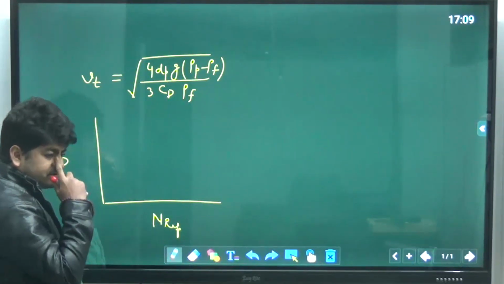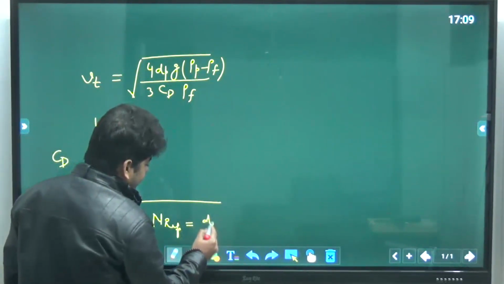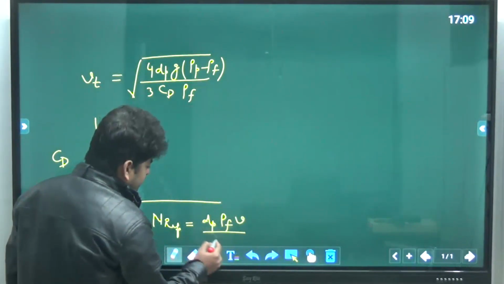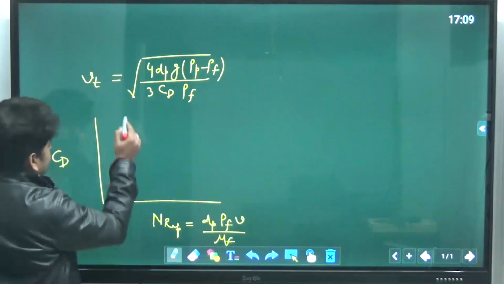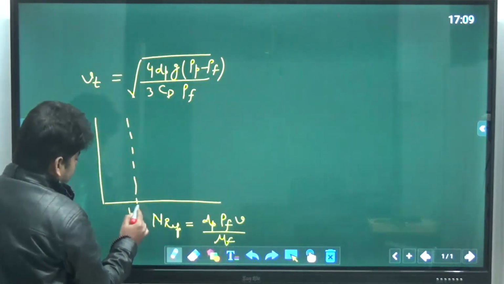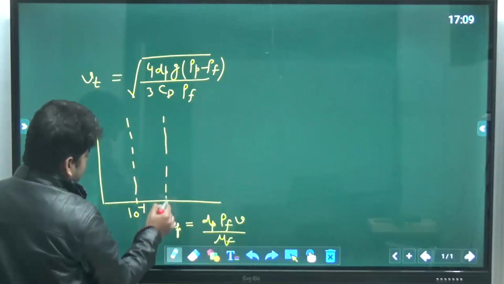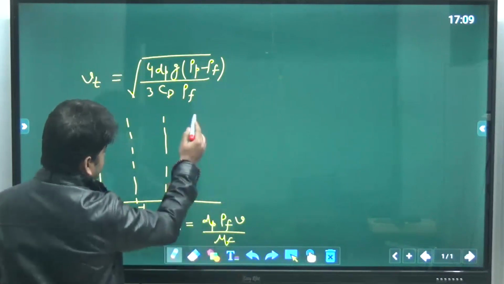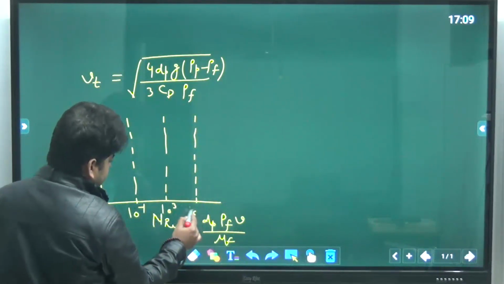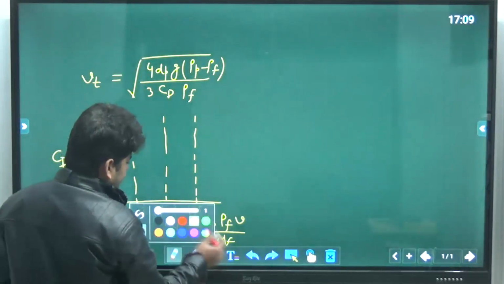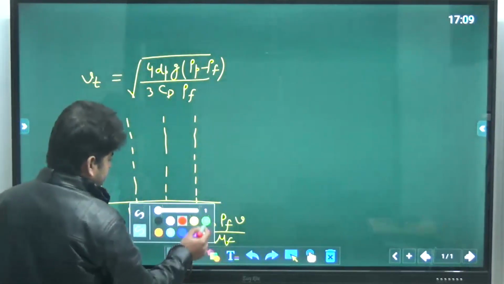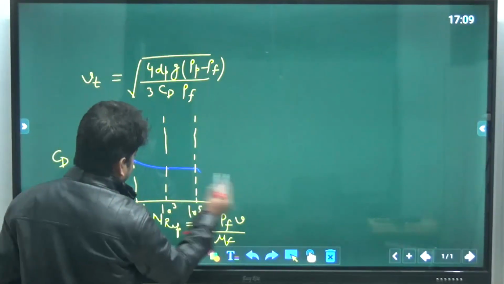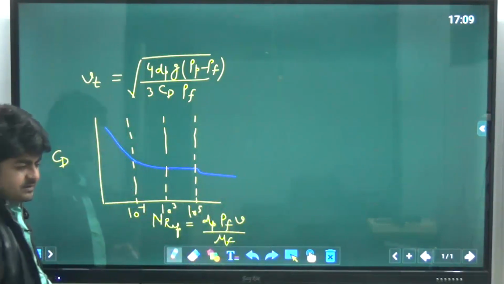NREP, that is the particle Reynolds number, we can define as the diameter of the particle, density of fluid, velocity of particle within the fluid, over the viscosity of the fluid. The curve was something like this.